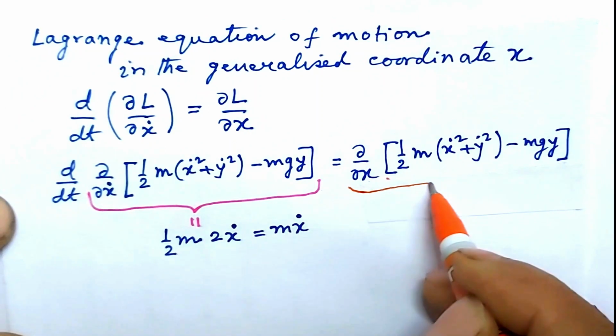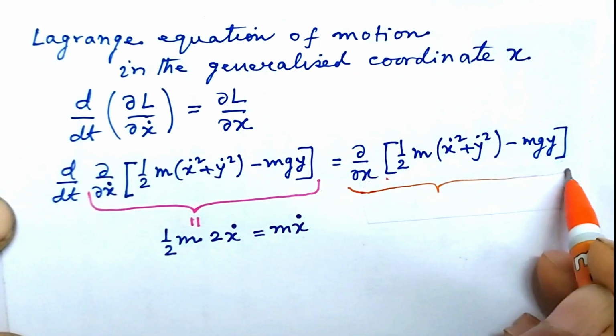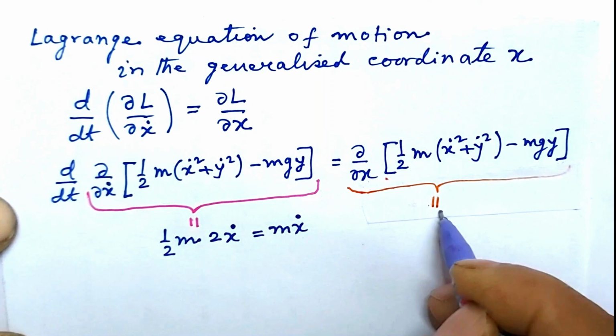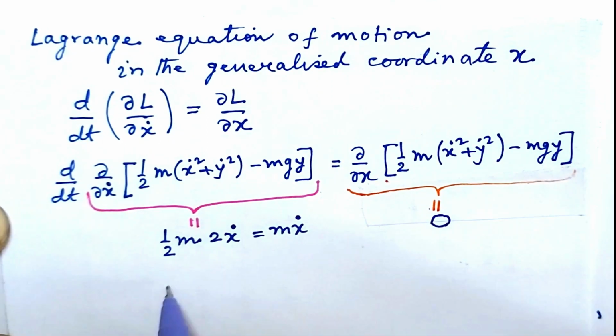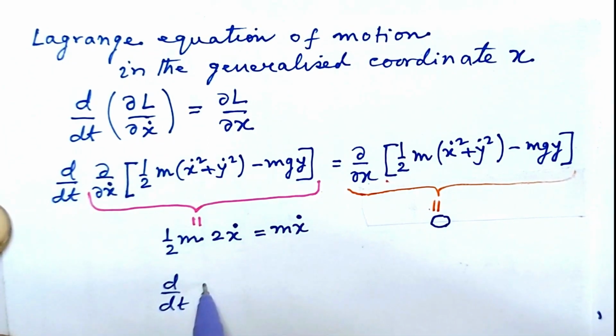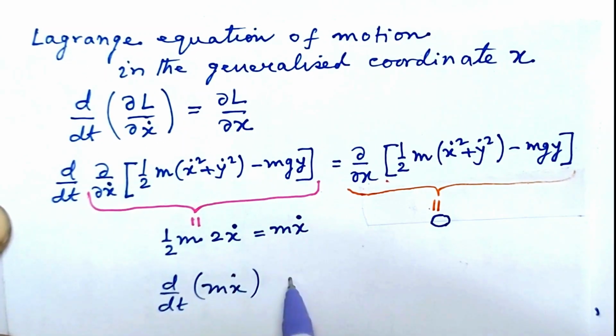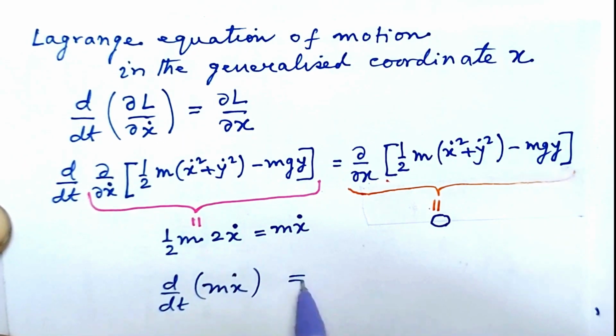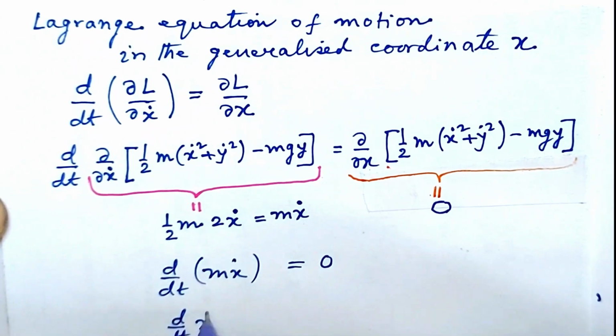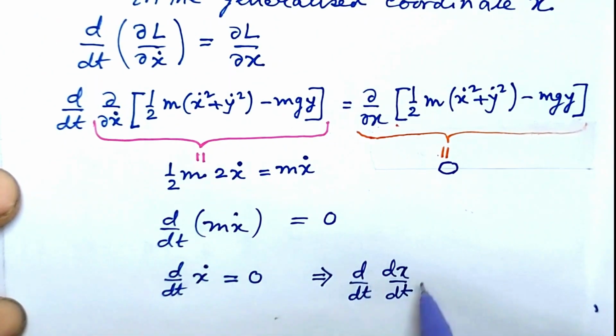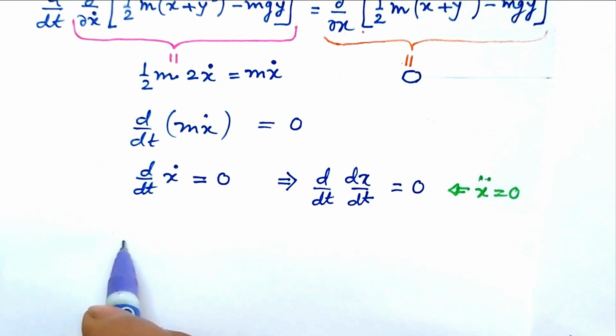And look at this part involving del/del x that gives 0 as no x occurs within the bracketed portion. The left hand side is d/dt of m x dot. M is constant, so we essentially have d/dt of x dot, that is x double dot equal to 0.